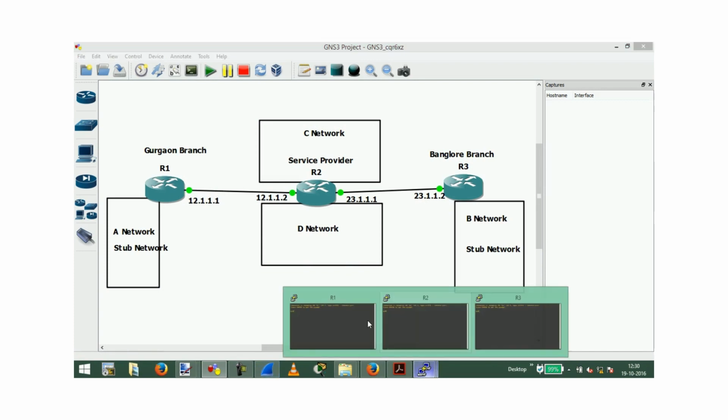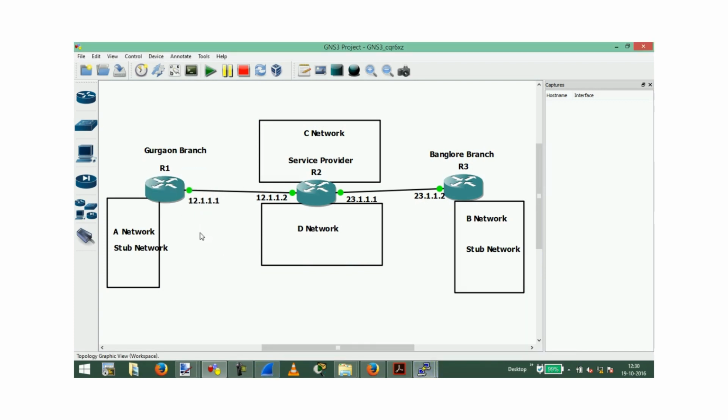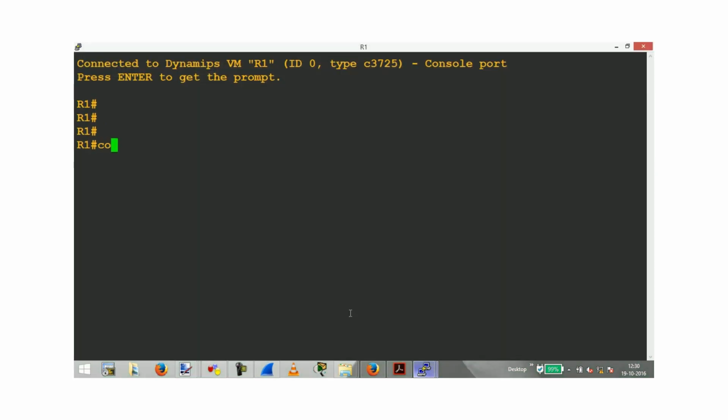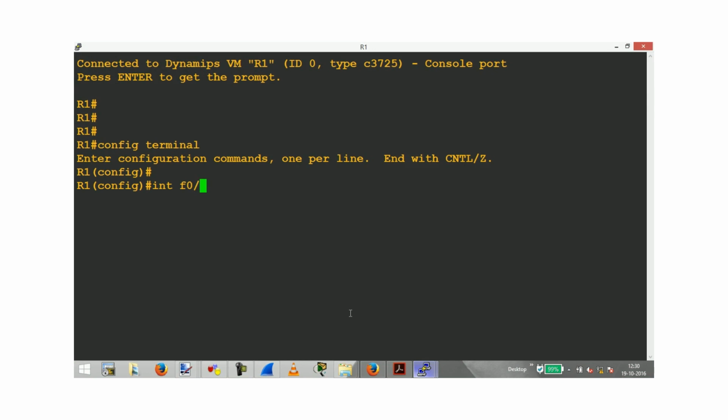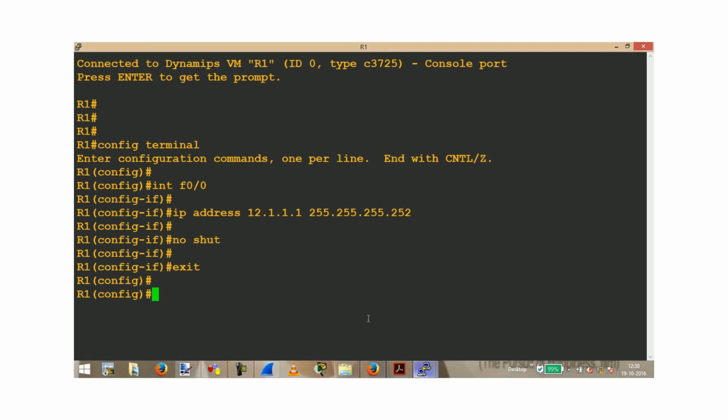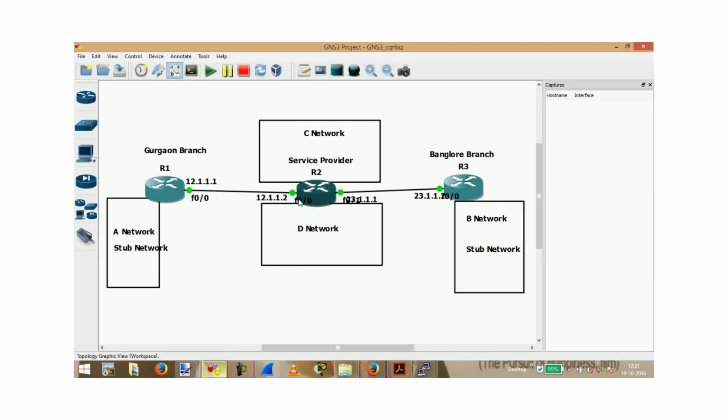To configure the IP addresses, we go to R1. On F0/0, we will configure 12.1.1.1. And then we'll go to R2, F0/0, 12.1.1.2, F0/1, 23.1.1.1.